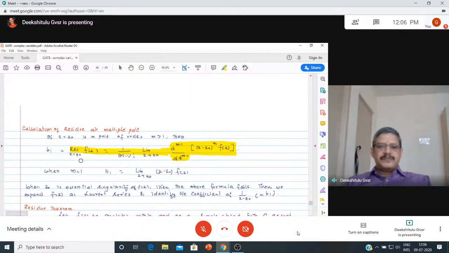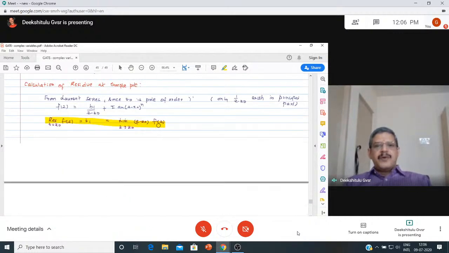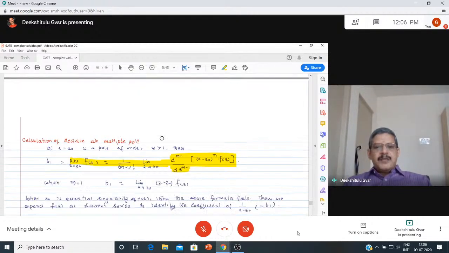You have to remember two things. If it is a simple pole, multiply the function with (z - z0) and then take the limit as z goes to z0. If it is a multiple pole, multiply the function with (z - z0) to the power m, the order of the pole, then take the (m - 1)th derivative, then the limit as z goes to z0, times 1/(m - 1)!. This is the formula.